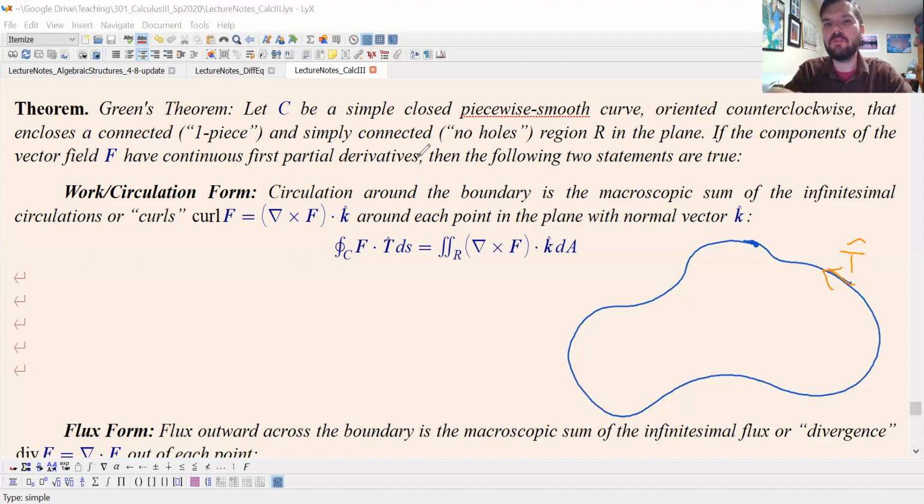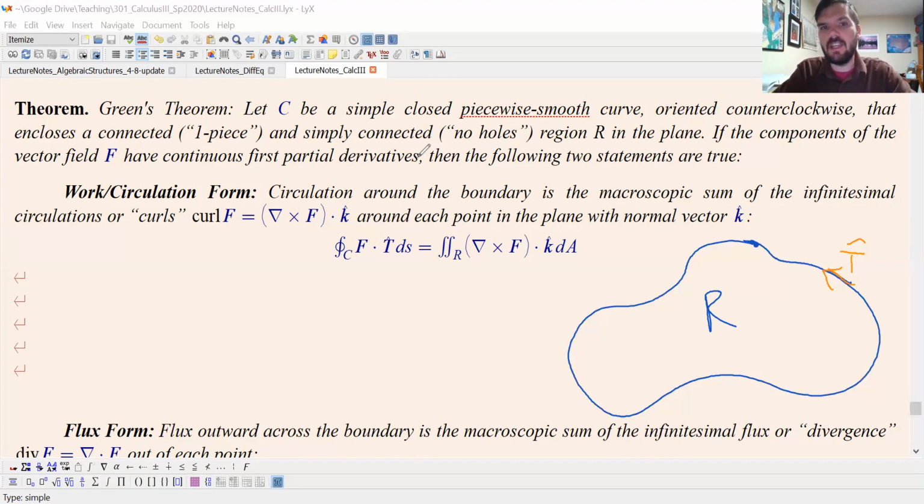So piecewise smooth means you could break it into a number of pieces, each of which is infinitely differentiable. It's an oriented curve, oriented counterclockwise, and it encloses a connected and simply connected region R. So here is R.